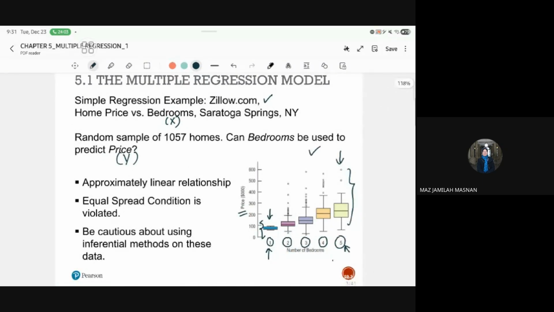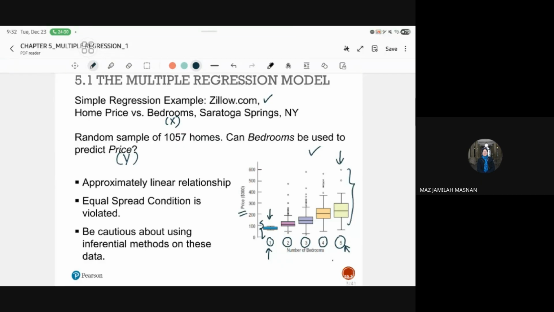So if you are talking about fewer rooms, the price will be smaller. More rooms, the price will be much higher. That is one way you can interpret that positive linear relationship.